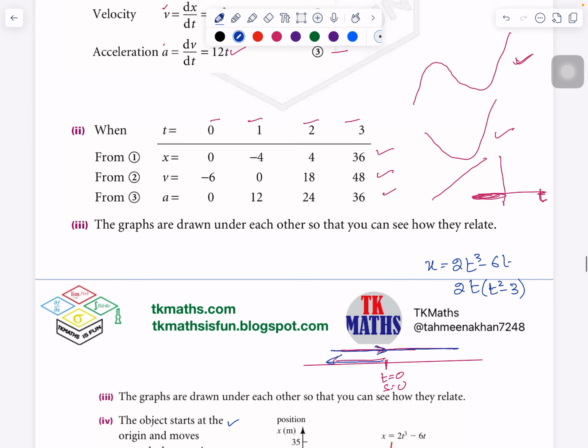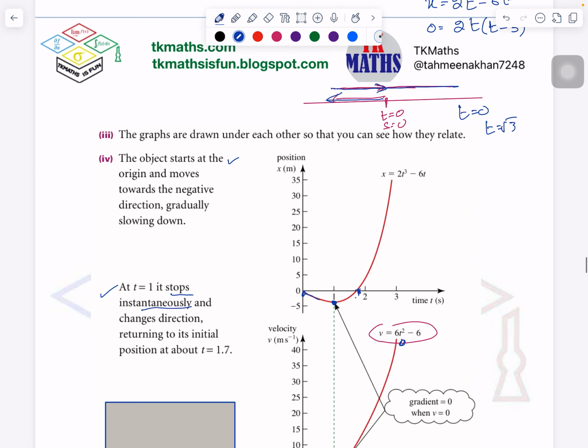Now if position is 0, because it is coming back to its initial position, then t equals 0 or t equals root 3, and root 3 is 1.7, and that's why this point is 1.7, which is mentioned here. When the object is back at its initial position, it started from here, so when it comes back here, the time is 1.7 seconds.